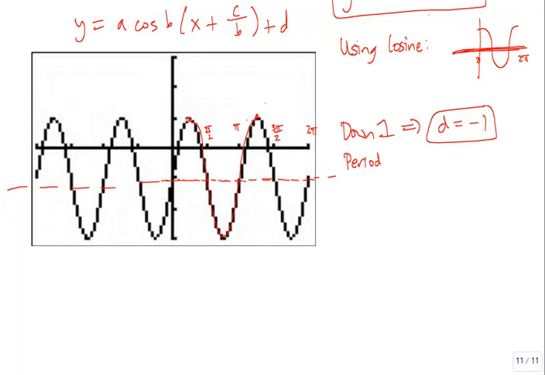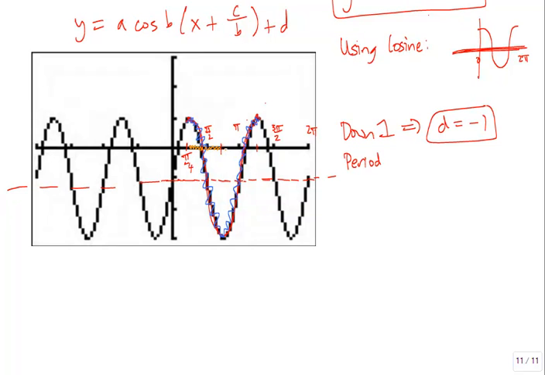So we are starting here, which looks to be at about pi over 4, and we're stopping here. So we're going from here to here. Let me use a different color. In how much of a width? So this is pi over 4. So this much is pi over 4.